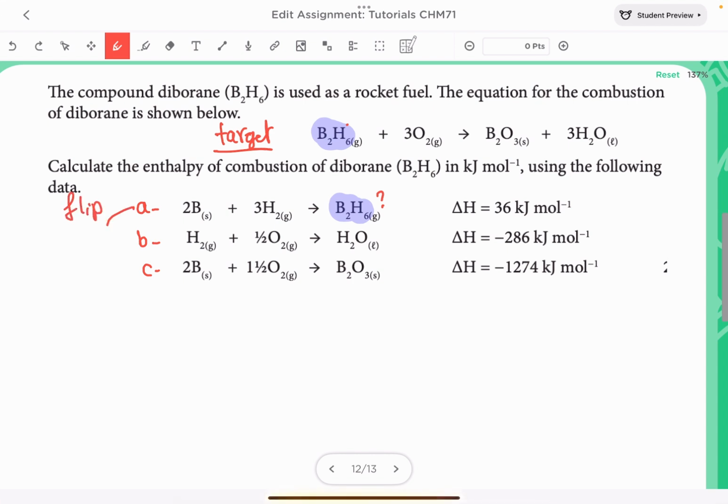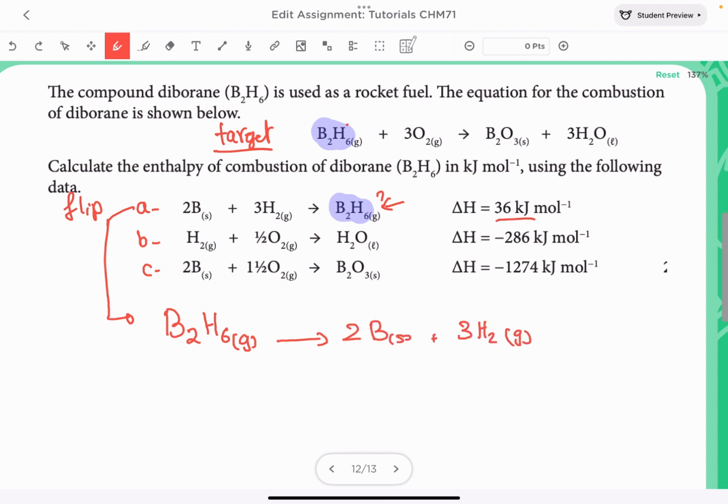So you write A again. B2H6, so you flip it. So B2H6, I'm starting with this one, gives 2B and 3H2.